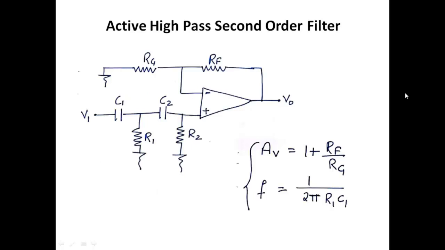And again, if I have to convert it into a second order high pass filter, the second order high pass filter is nothing but a similar circuit diagram, but having two combinations of RC. And over here you can see I have just swapped the positions of C and R. Okay, in the earlier low pass filter we had R in the straight line, and then in the parallel line we had the capacitor.